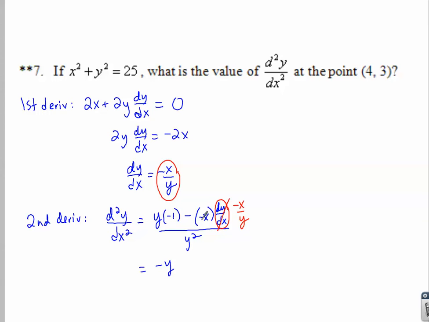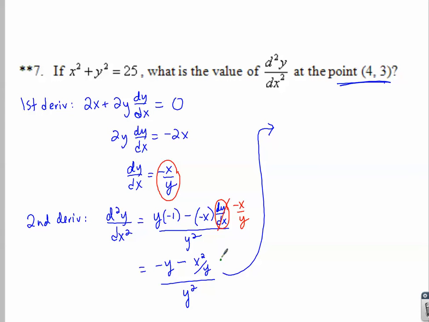Negative y minus a negative negative is minus x squared over y, all divided by y squared. Perhaps you practice simplifying it algebraically, or maybe at this point, you plug in that point. But I want you to practice simplifying algebraically, so let's watch that magic happen.